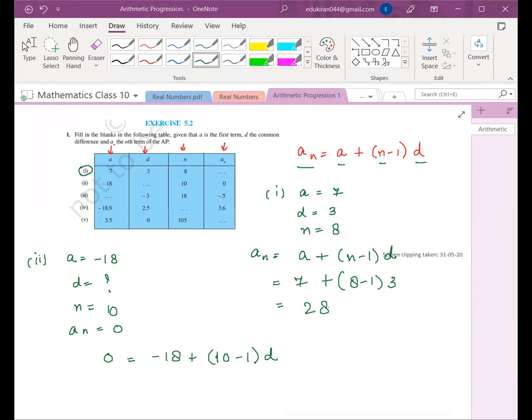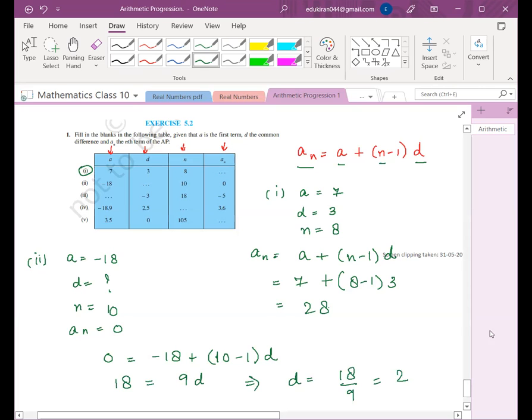Minus 3? Are you sure? No. Okay, this 18 is minus. Bring it to the left hand side. So it will become 18 is equal to 9D. So D is 18 upon 9, which is 2. Have you got 2? Yes.